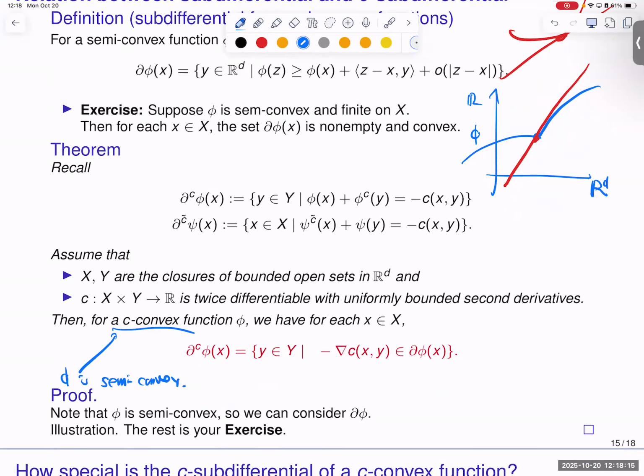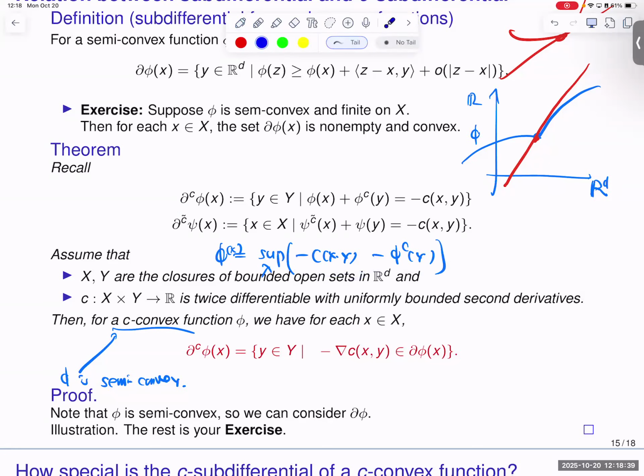Why? Because phi is a c-convex function, so it's a supremum of some c functions, right? Phi is a sup of minus c(x,y) minus phi^c(y), so a supremum of functions given by the cost function c.